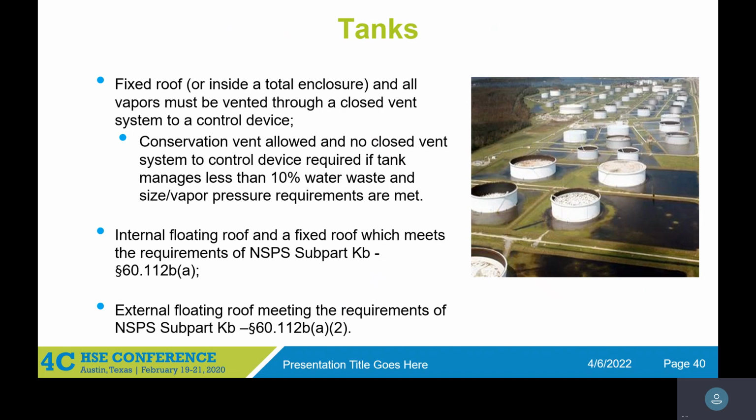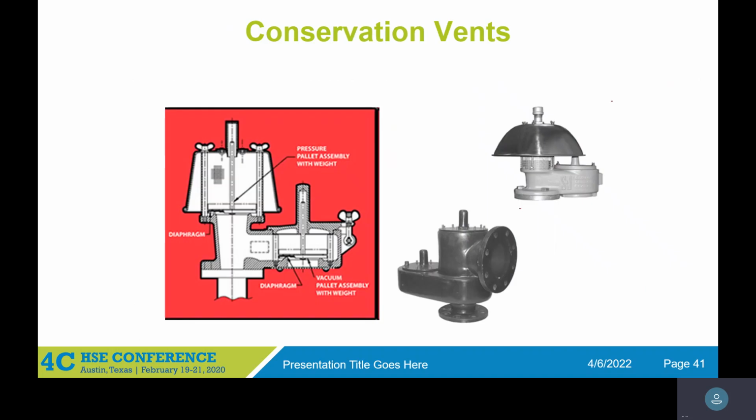So there is a way that you can do a fixed roof without tying it to a control device, with just a simple conservation vent, but you have to meet these parameters. It has to be that type, that size, and that vapor pressure. It's sometimes a quick fix in the blending areas or in the lab areas where you can control it easily.